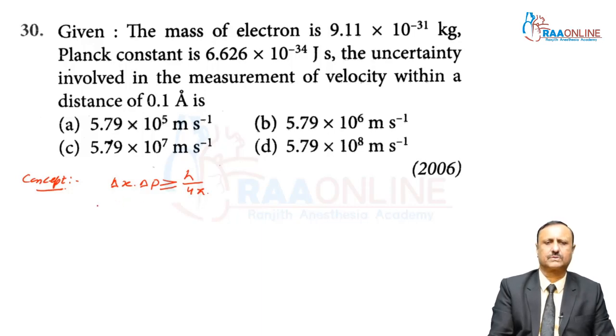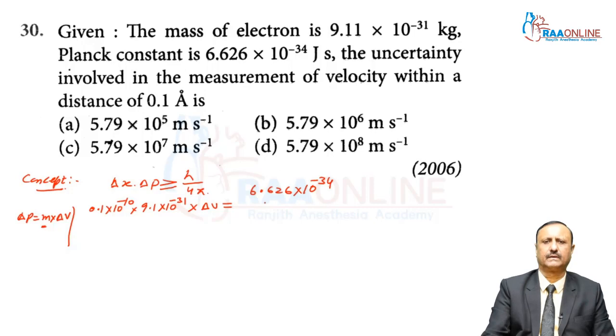So my dear students, angstrom is converted to meter, 0.1 into 10 to the power minus 10, into delta p. You know momentum is mass into change in velocity of electron. So mass of electron is 9.1 into 10 to the power minus 31 kilograms into delta v, and 6.626 into 10 to the power minus 34, the given Planck constant value, upon 4 into 3.14.